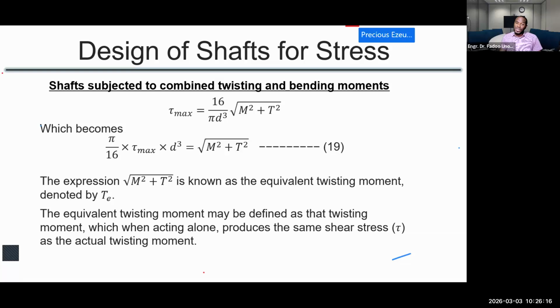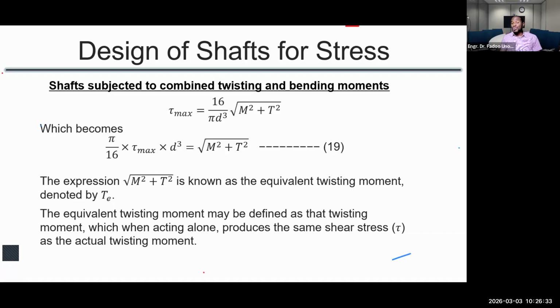And that leads us to this equation that looks similar to where we started from. Just that this time around, the right-hand side we call the equivalent twisting moment, and it's denoted by T sub E.